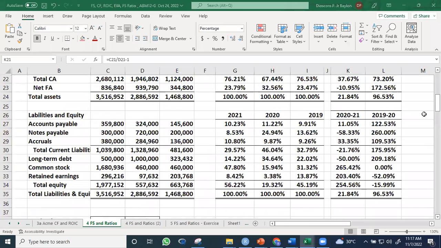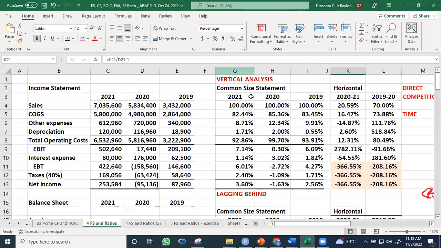Okay, let me pause for a while. Paki-chat please if clear so far yung review natin ng common size statement, vertical analysis, okay, and the horizontal analysis. Okay, thank you. Let's wait for the others to give their feedback.